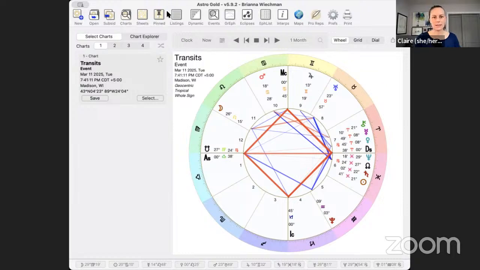Tell your clients, hey, March is a good time to take a vacation, a good time to get back to your familiar routines and take care of yourself, do self-care, do downtime stuff, where we're focusing on the intimate nature of the moon and not necessarily out there trying to bring down the influences of Mars and Saturn and getting things done.